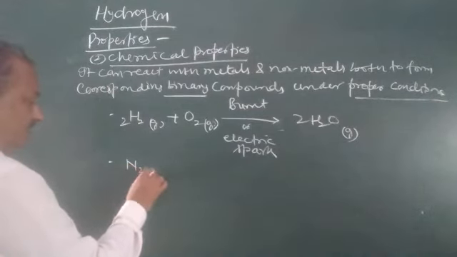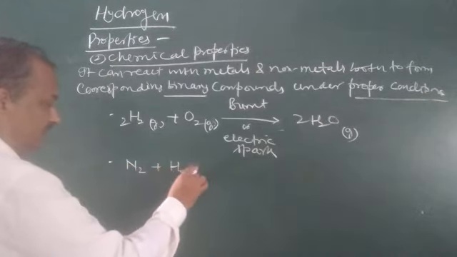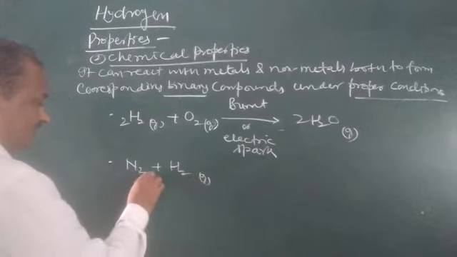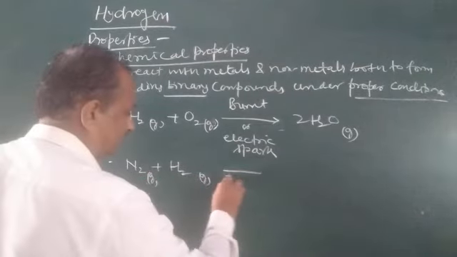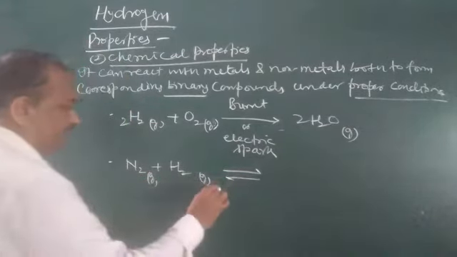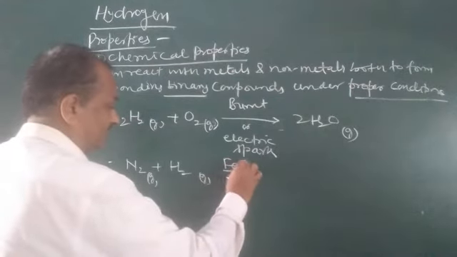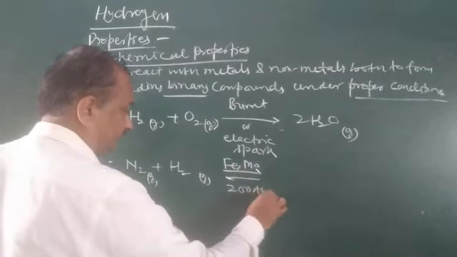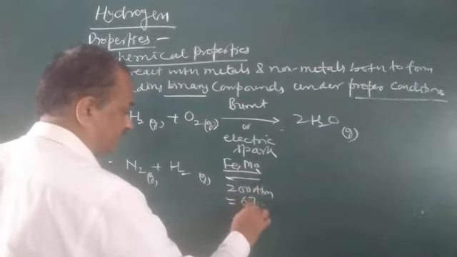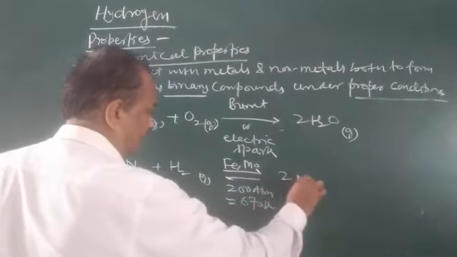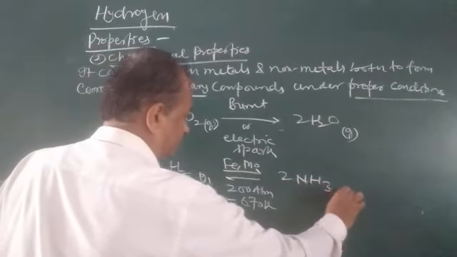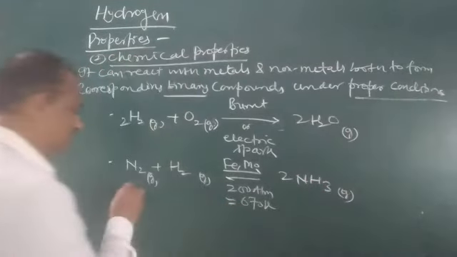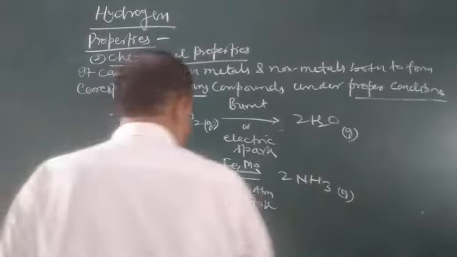Then hydrogen reacts with nitrogen gas under very specific conditions: iron catalyst, molybdenum promoter, 200 atmosphere pressure and around 670 Kelvin temperature, and there is formation of ammonia gas. This is very important.